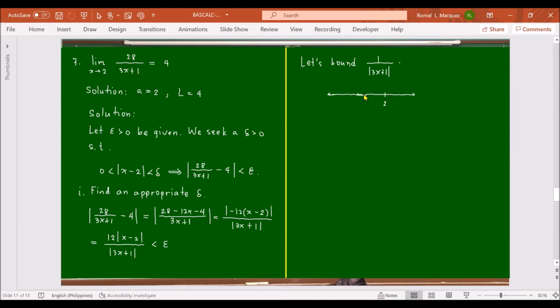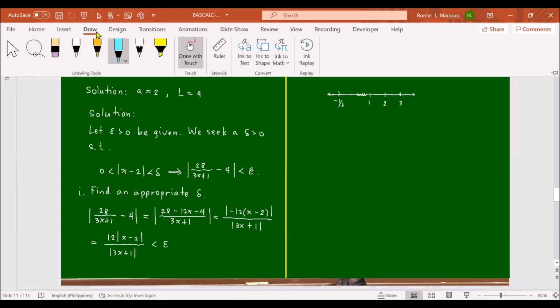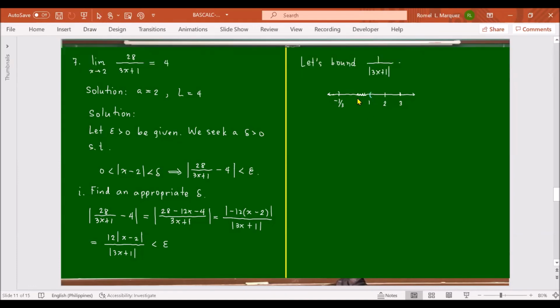So let's say this is negative 1/3, and let's say this is 1. This is 3. So I'm going to have my delta 1. If I take delta 1, possible, I can take that. So this will not cover the value of x that will make the denominator 0.